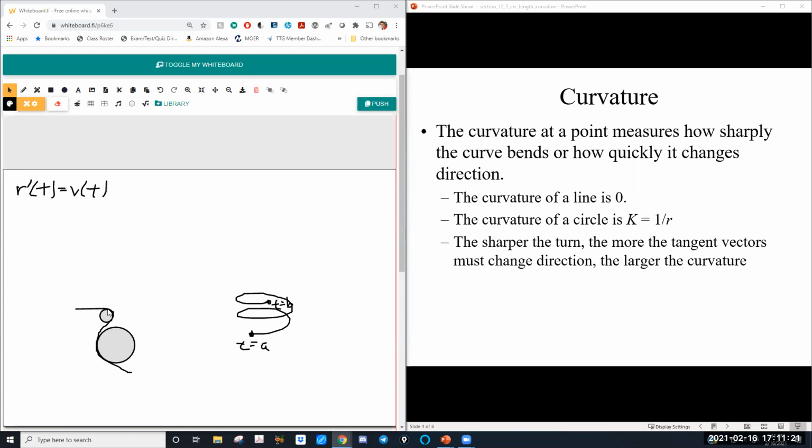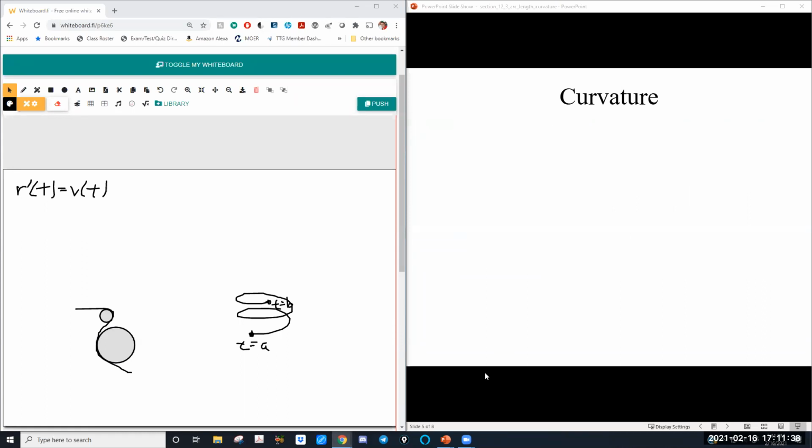So now the tangent lines are changing direction more quickly, all right? That's going to feed into the formula you guys saw from the video lesson for curvature. So I'm just going to talk a little bit about the formula. You're going to get a chance to try it here when we work on the worksheet in a little bit.